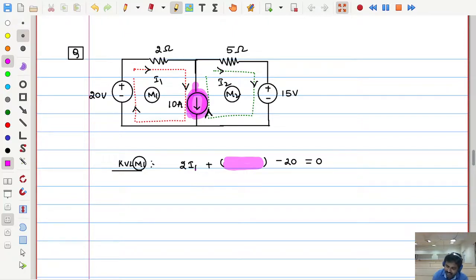What we can do is try to see that this is a current nature. How much is my current? I1. How much is the next loop person's current? I2.